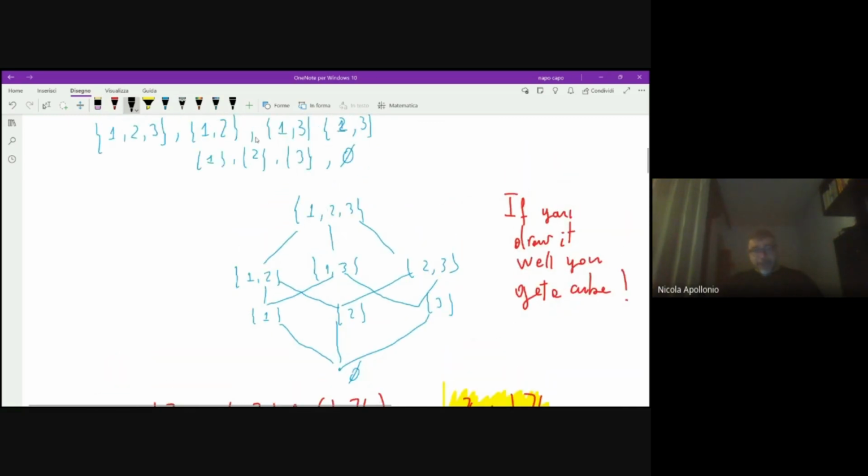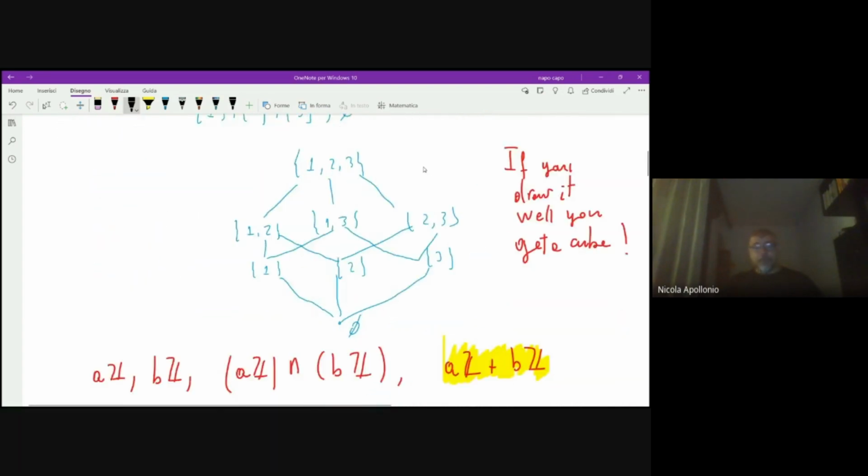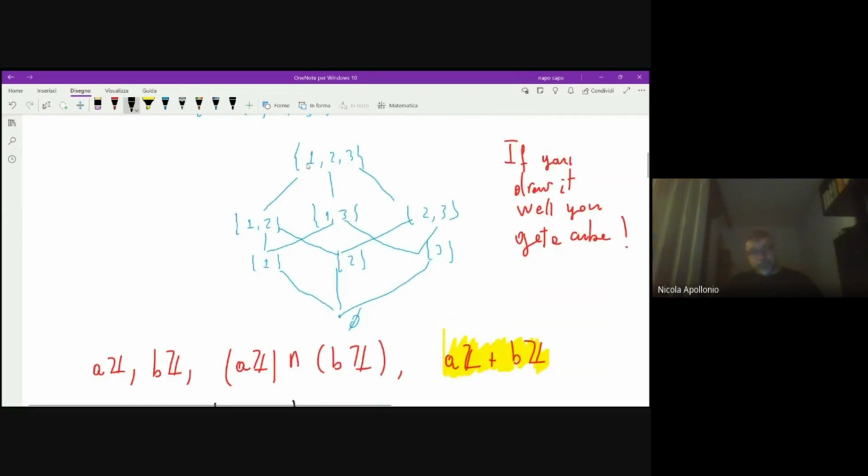But once you have all these subsets, you can order them by inclusion. So you put the largest one on top, and you put all the other sets below, but beware. This is the cover relation.